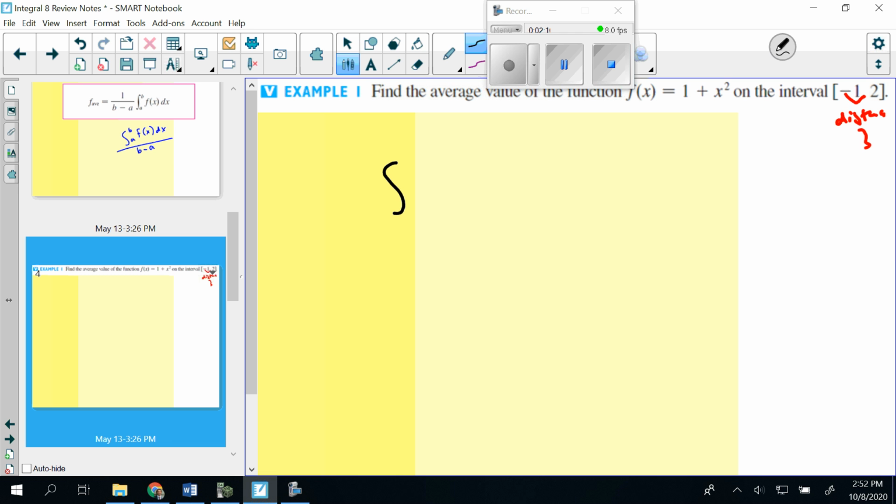So we want to do the integral for our average value from -1 to 2, and we want to integrate this function 1 plus x squared. But in order to get the average, we need to now divide this by the difference.